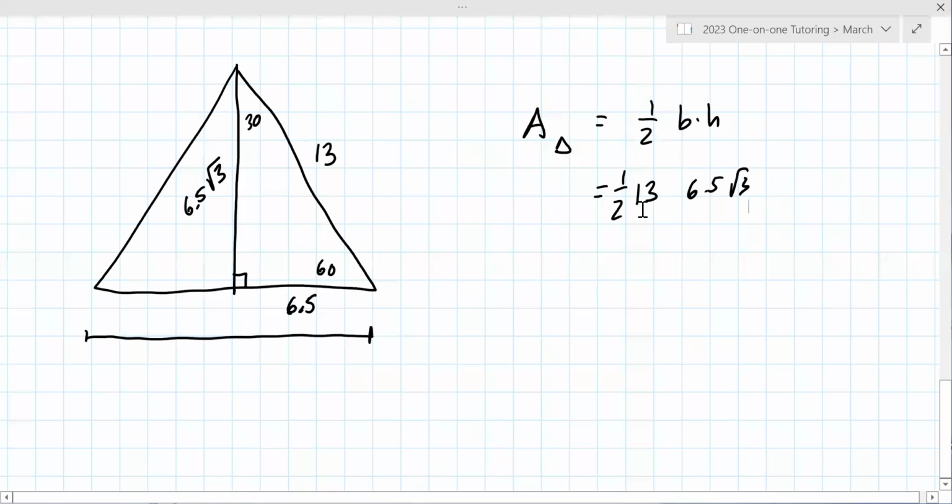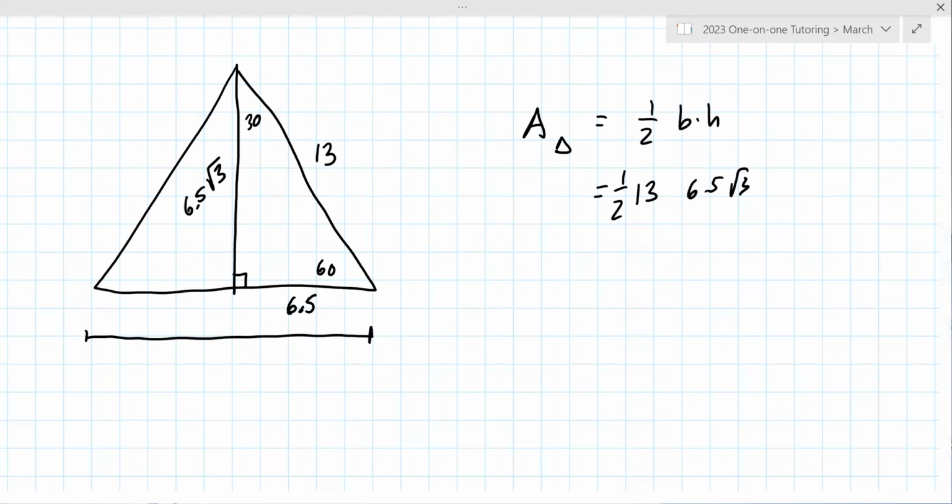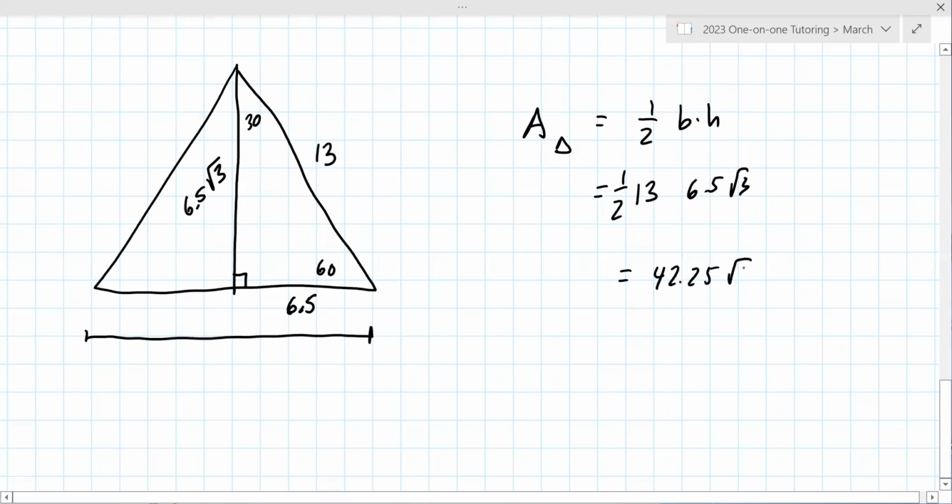We're going to compare that to this, but you'll see that this ends up working out nicely. Do you have a calculator handy? I don't. Okay, that's okay. So I'm going to multiply this out. So this ends up being 42.25 square root of 3, or if you multiply by the square root of 3, you get 73-ish, we'll say.